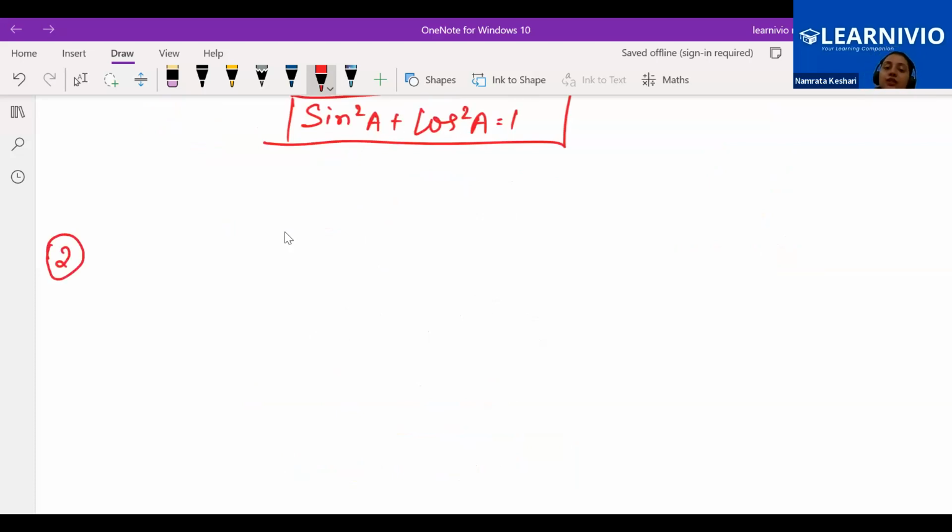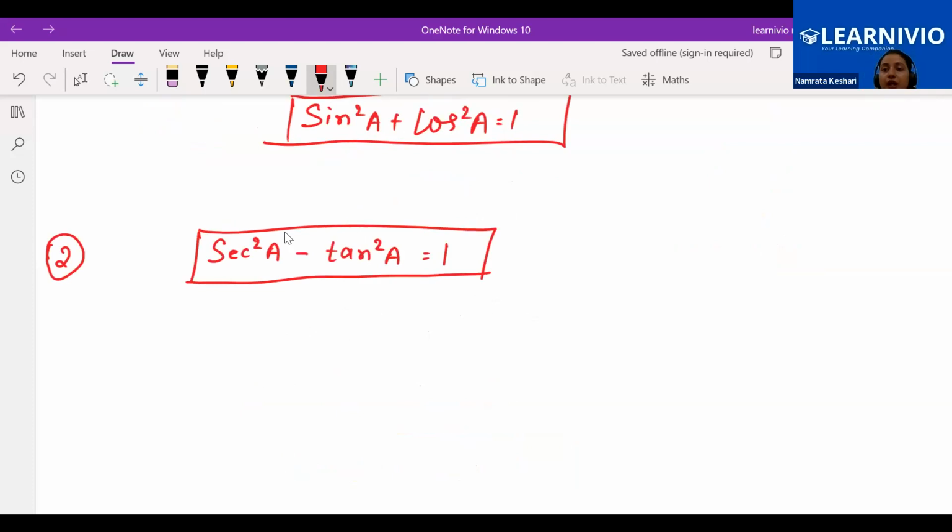Now the second identity is sec square minus tan square is equal to 1. We will try proving this. This is what we are going to try to prove, from the identity which we already know.